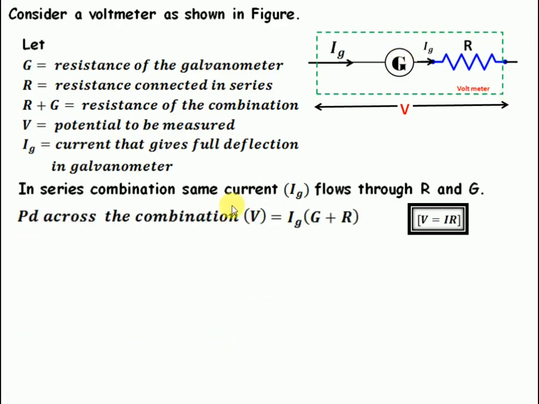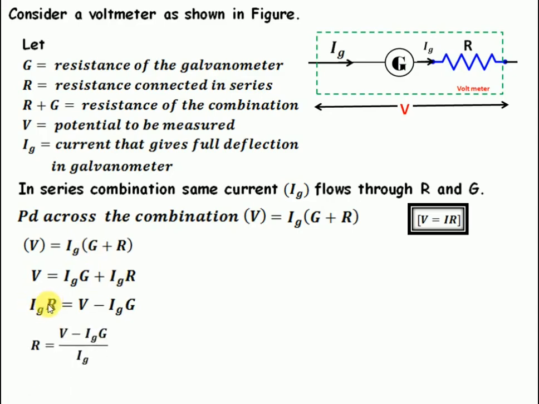Now the potential difference across the combination, this V, can be written as the current Ig into the total resistance, and the total resistance is G plus R. So V equals Ig times G plus R. Now I'll solve for R. Multiplying out and taking Ig G to the other side, R will be V minus Ig G divided by Ig.